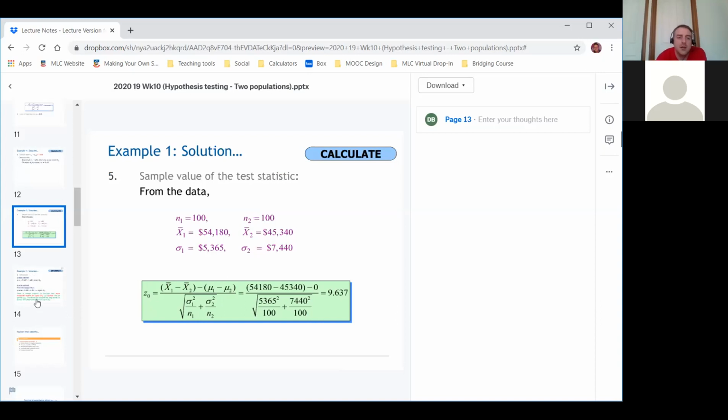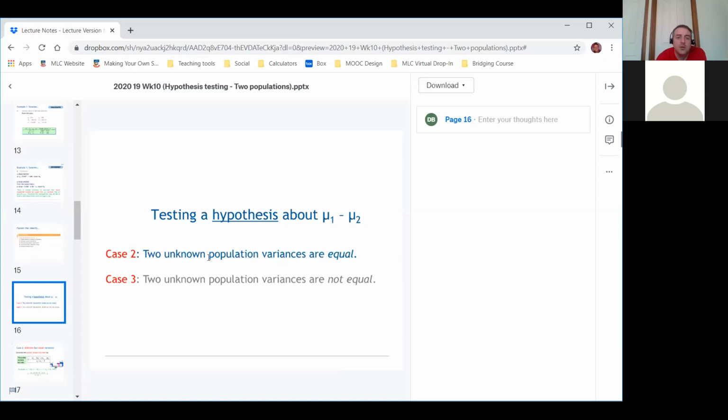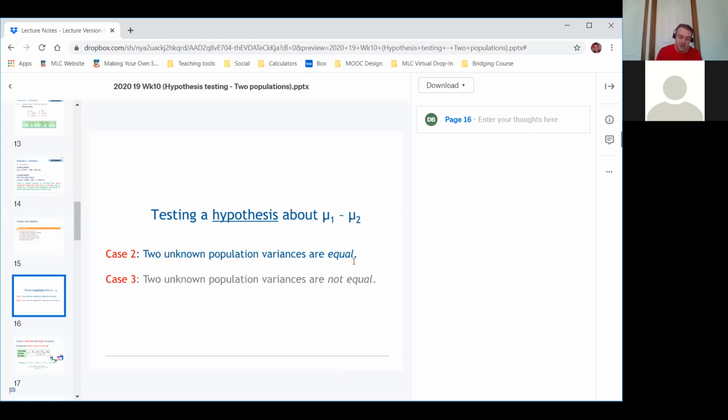When are there different situations? So we have 2 unknown population variances are equal, and then 2 unknown population variances are not equal. Okay. So looks like the known doesn't have a version that goes with equal or unequal. Okay, so we just have a known, and it doesn't really matter whether they're equal or unequal.